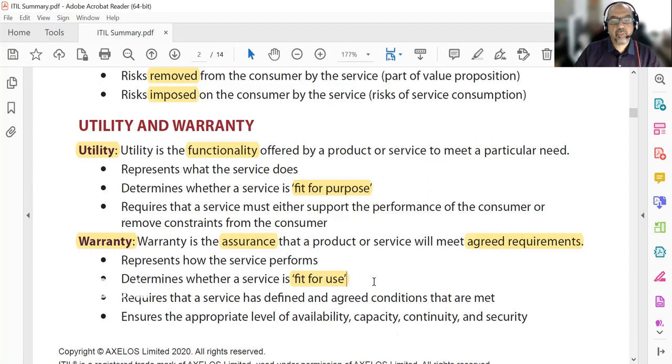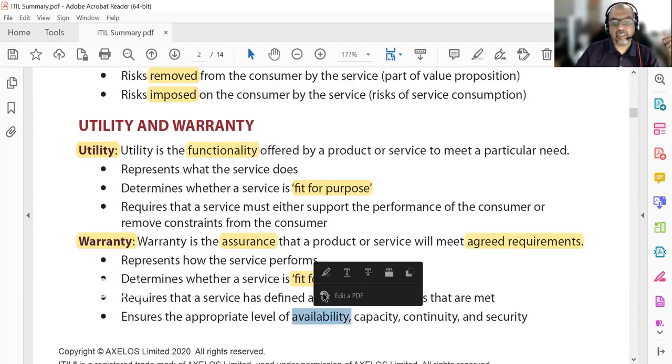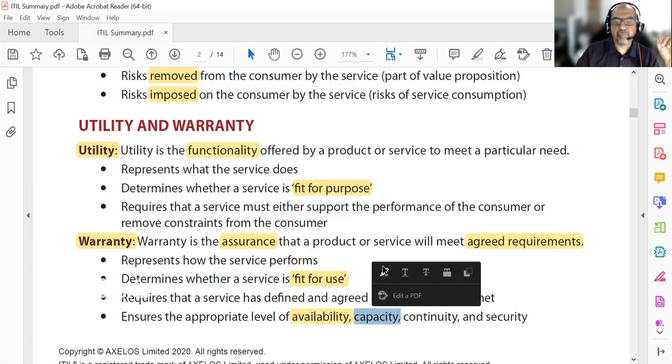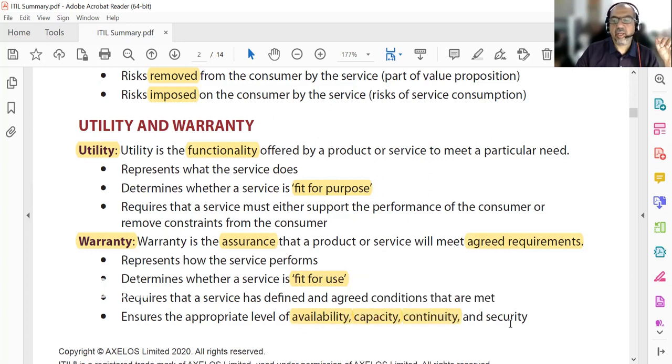So here we need to make sure that the service has defined and agreed conditions and they are met. So we will ensure the appropriate level of availability, capacity, continuity, and security. So with warranty, we have 4 other characteristics.